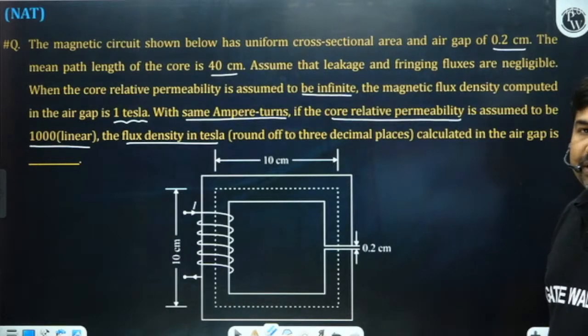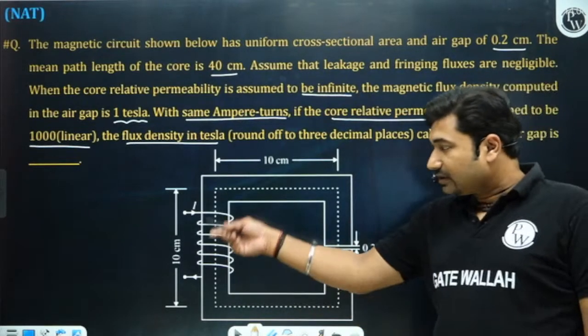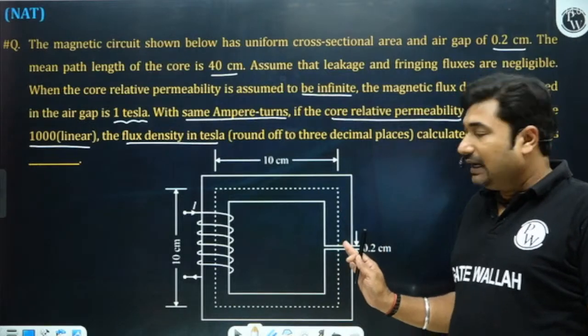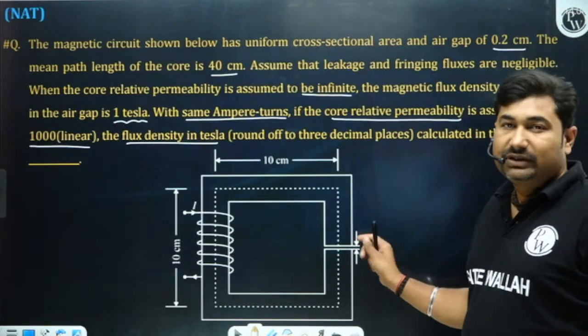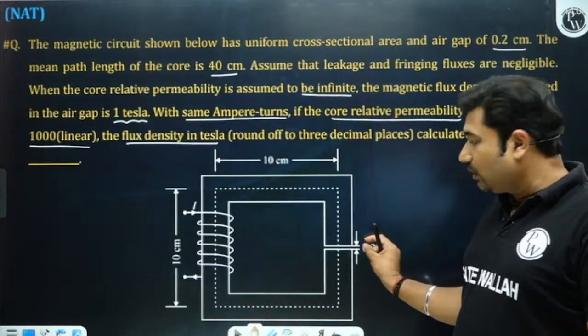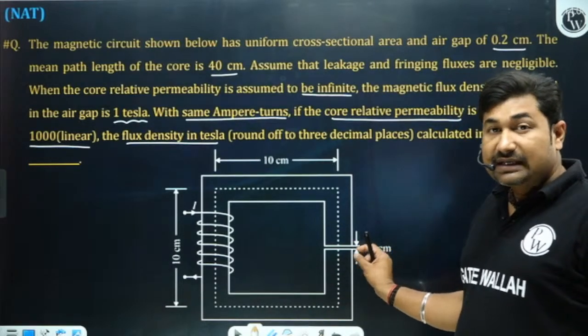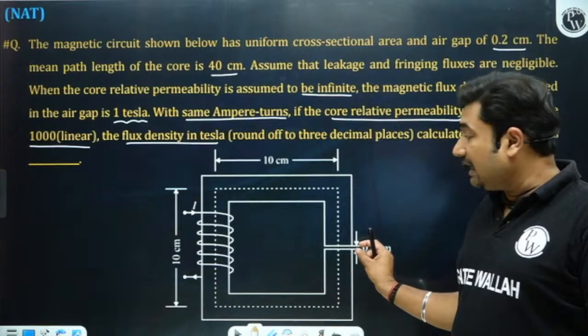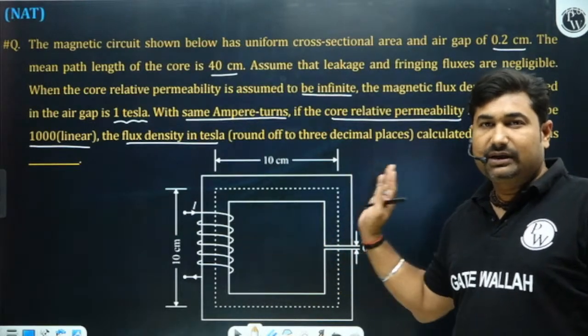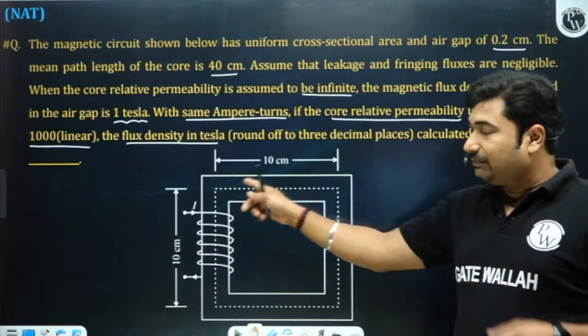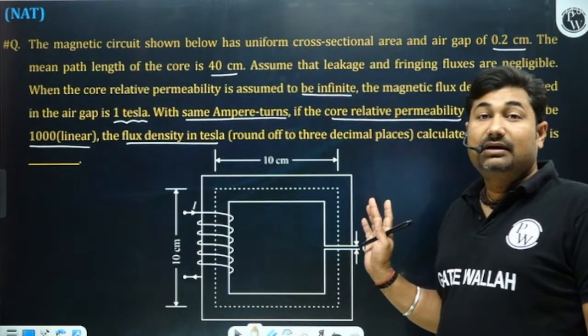Again I am repeating, please observe. Actually, we have a material, and in this material there will be a small air gap. The flux density in the air gap is 1 Tesla with some MMF, with some ampere turn, when the relative permeability of the material is infinite.